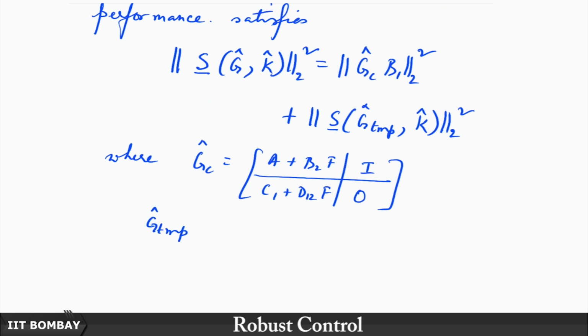GTMP hat is equal to A, B1, B2, 0, I, D21, 0 minus F, C2.